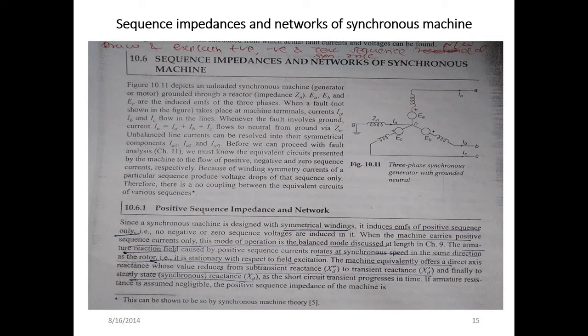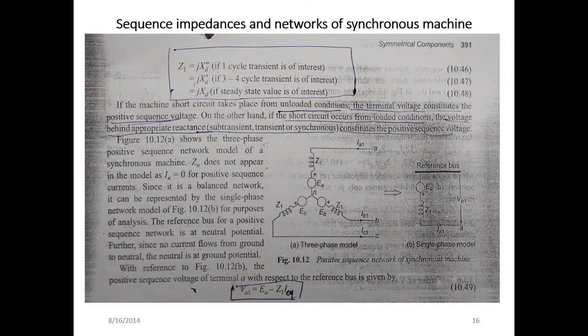If armature resistance is assumed negligible, the positive sequence impedance of the machine Z1 is equal to jXd double dash, the subtransient reactance, if one cycle transient is of interest, because initially the subtransient reactance will be present, then the transient reactance and then the steady state reactance.